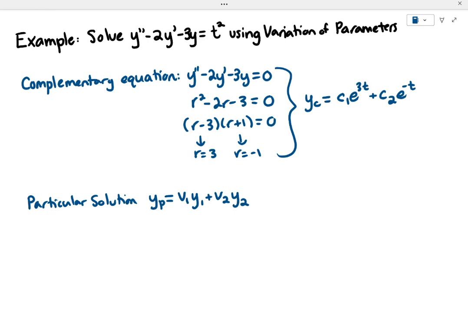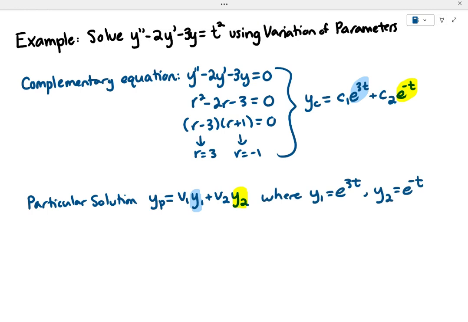In this case, since yc equals c1 e to the 3t plus c2 e to the negative t, y1 equals e to the 3t, and y2 equals e to the negative t.